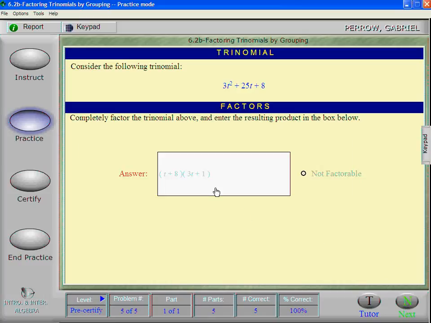Alright, yes, we'd like to continue practicing. I was hoping to get to an example like this. These look a little bit different than what we've talked about so far. When I look at these three terms, what I notice is that it doesn't fit that standard trinomial second power, first power, constant type pattern that they've been showing to you.